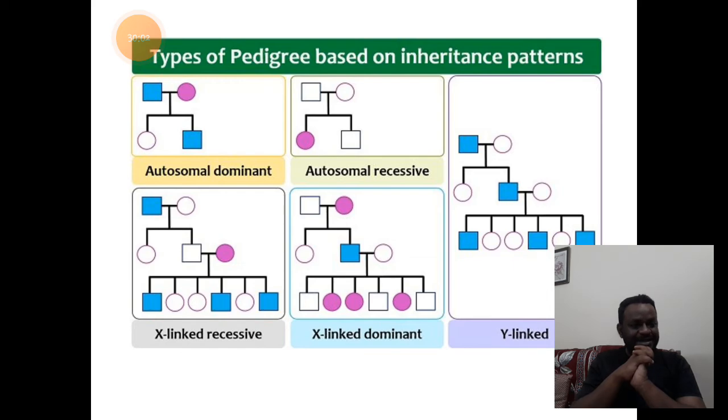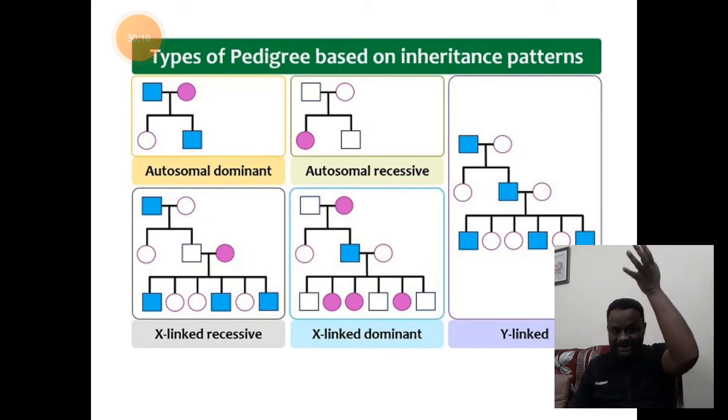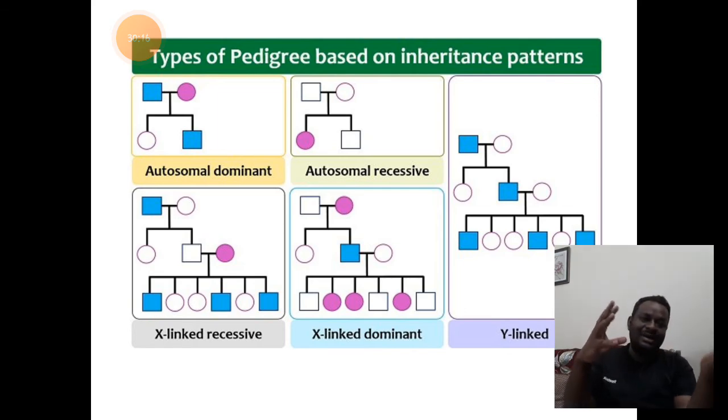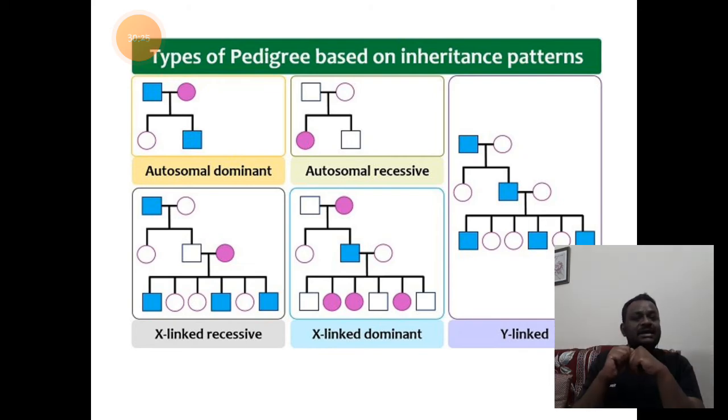I repeat, the recessive gene of X-linked is present in the grandfather, that is in first generation. When a grandfather marries a grandmother, they have a daughter. This daughter born for these parents will carry the gene in them, but they look normal. Why do they look normal? It is because the mother is normal here.